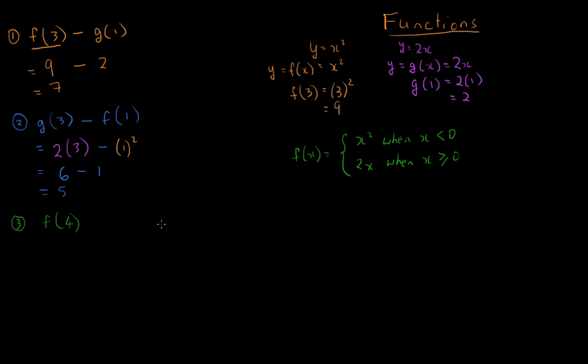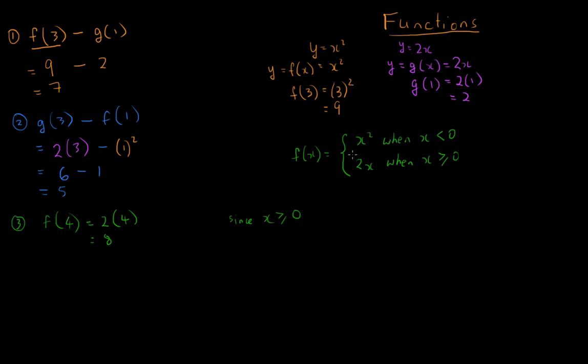So since x is bigger than or equal to 0, then we use the second rule. So this is equal to 2 times 4. We substitute the 4 into the x just like we normally would, but we're using the second one and not this one because x is 4 and x is bigger than or equal to 0. So this is equal to 8.